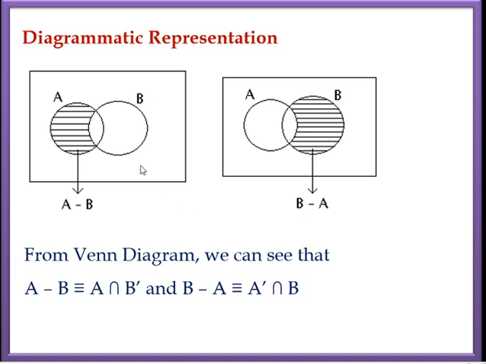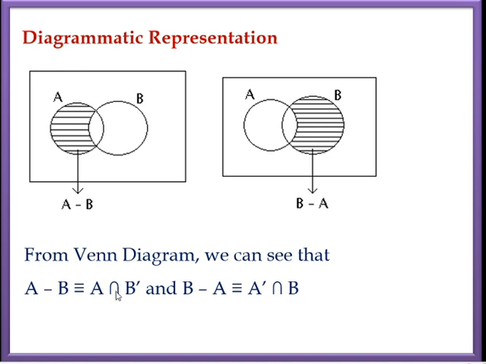Now this is important. See, A but not B. As I said, A comprises of two parts, elements which are only in A, and elements which are common. So you exclude common elements and you have to consider elements which are exclusively in A. So this is A minus B and this is B minus A. So can I say that A minus B is A but not B?